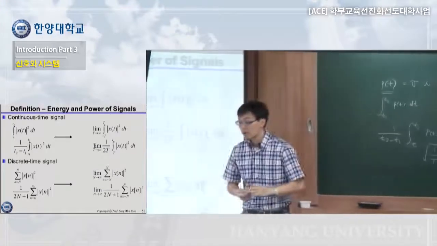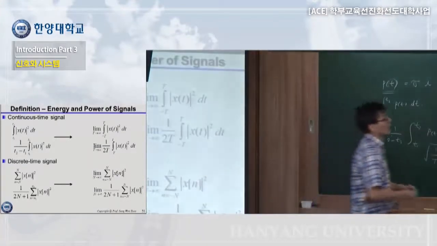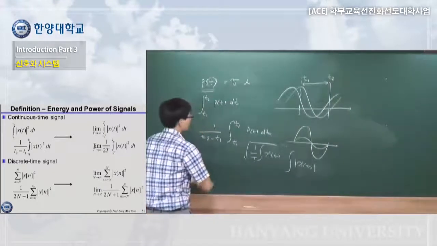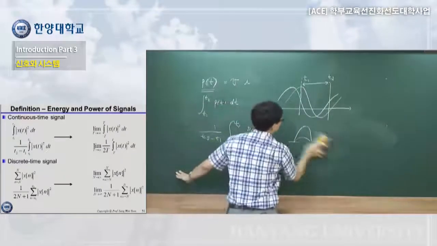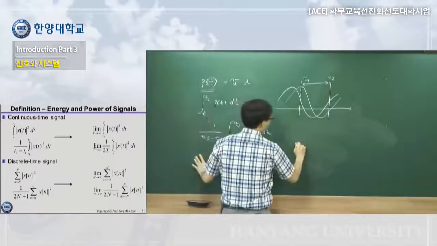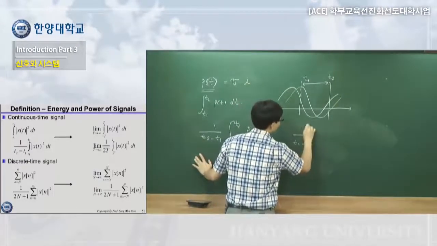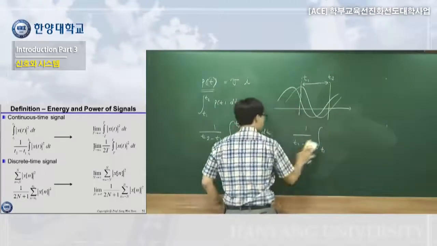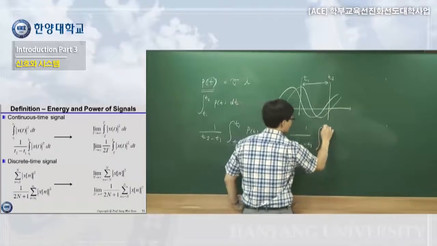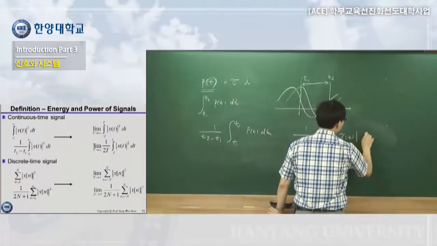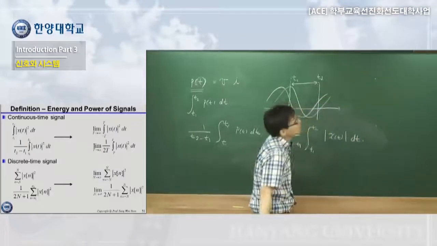So the one on the screen shows another value like that. We have the same thing here, T1 to T2, but we have introduced the absolute value, now squared.